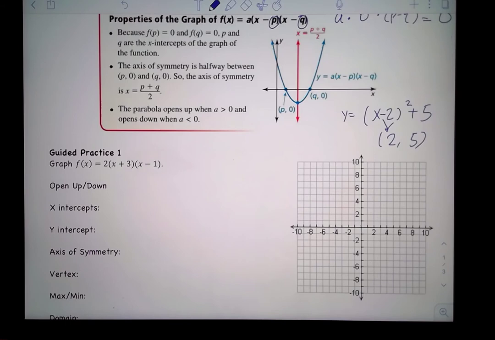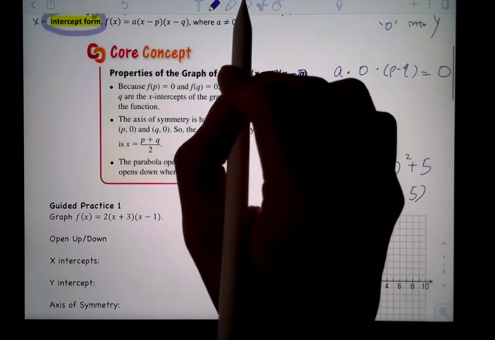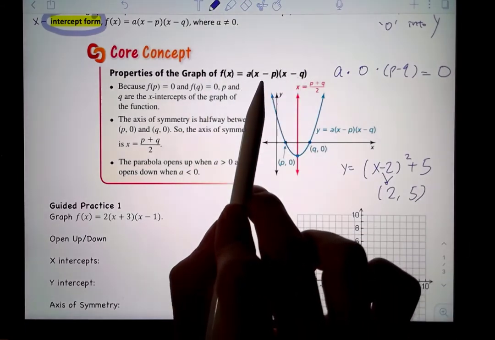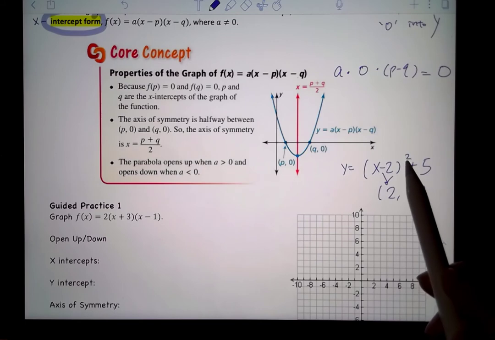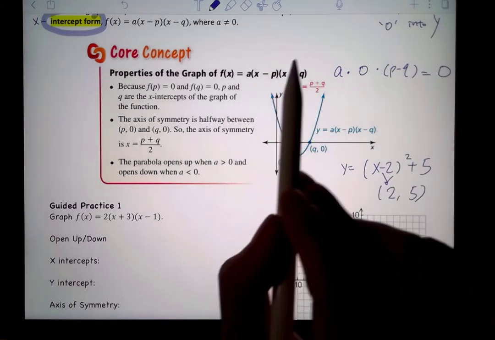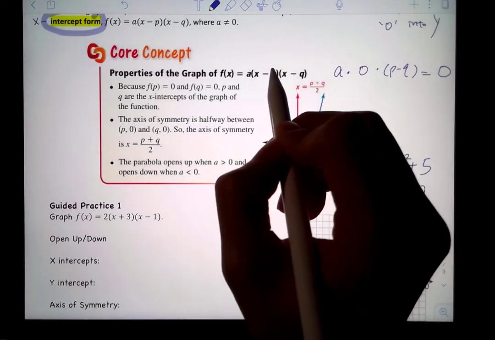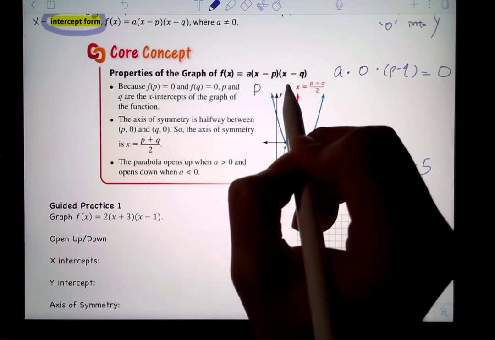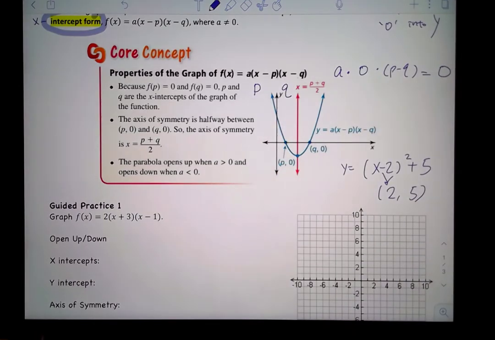So simply, if I'm getting a number from the parentheses, I always change the sign. Just remember that. From here, do you see the parentheses? This is not the vertex because it's not in perfect square form. But we call it the x-intercept. So you get the number p from the parentheses, and from here you get q. So p and q are your x-intercepts.